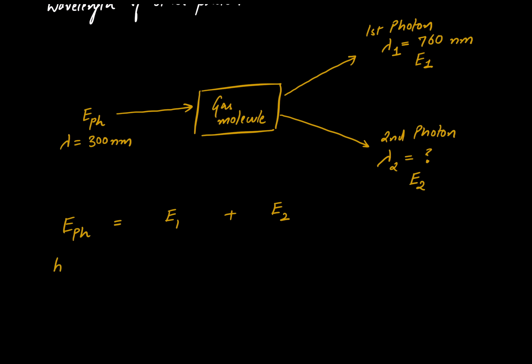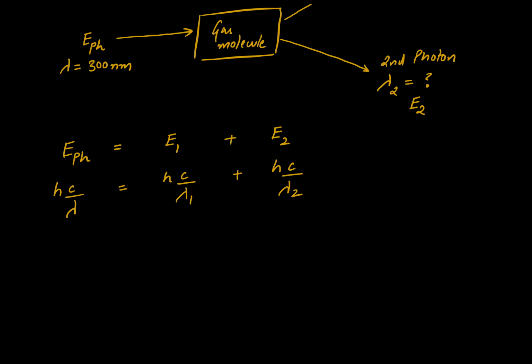Energy of photon comes out to be hc by lambda. E1 comes out to be hc by lambda 1, and energy of second photon comes out to be hc by lambda 2. Let's cancel out the h and the c. We got my equation to be 1 by lambda equals 1 by lambda 1 plus 1 by lambda 2.